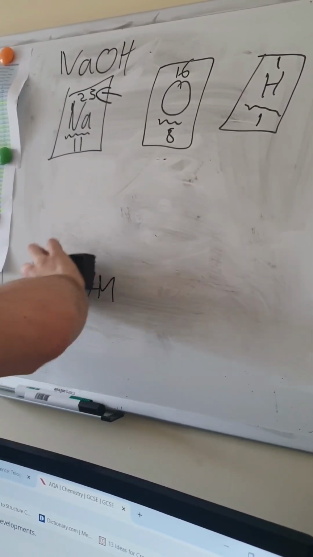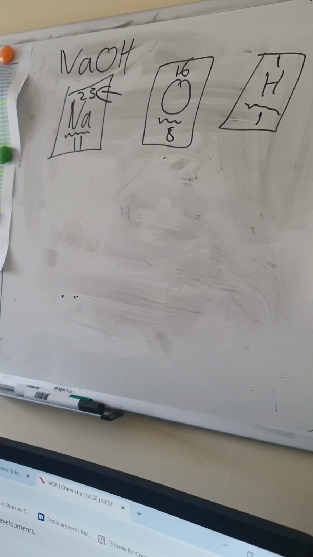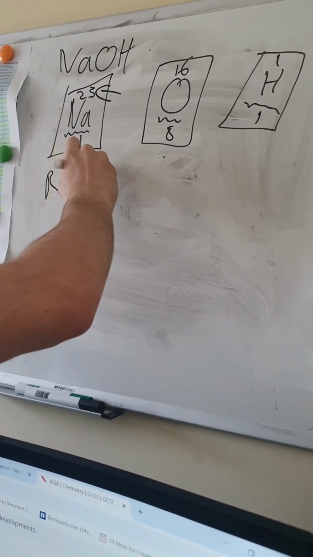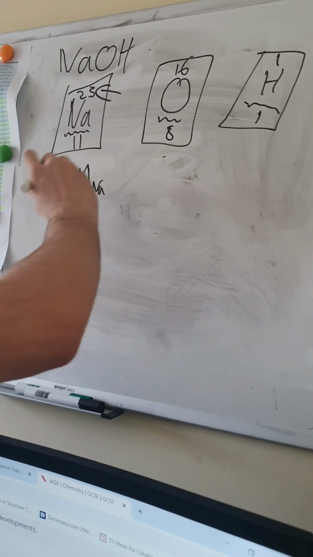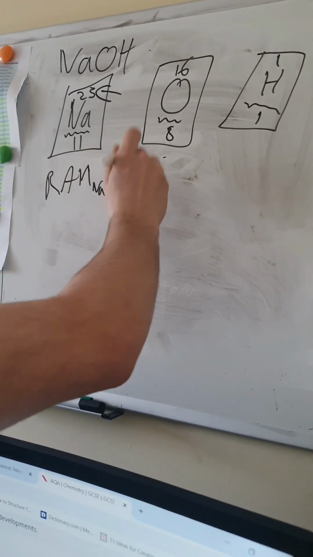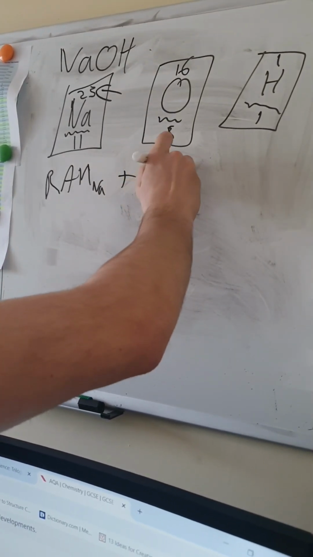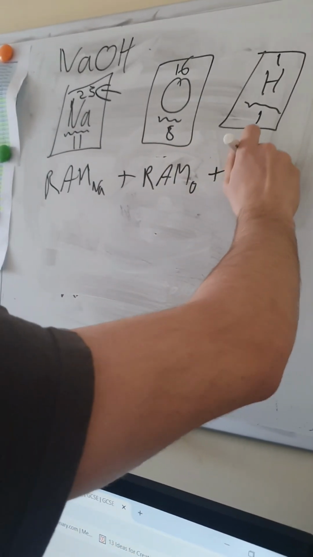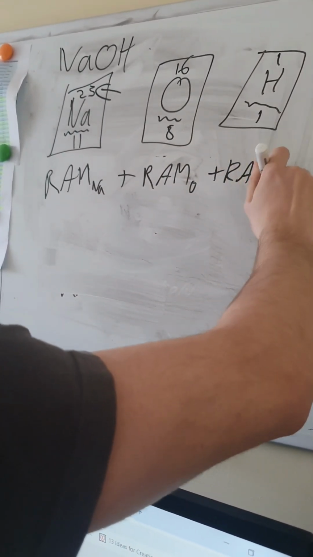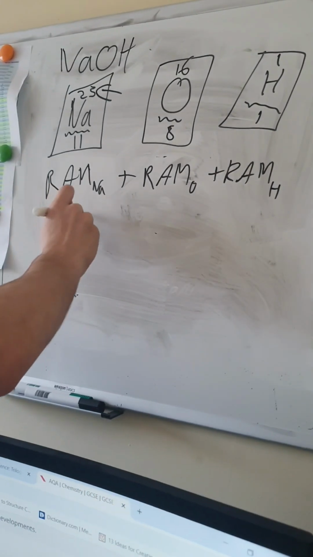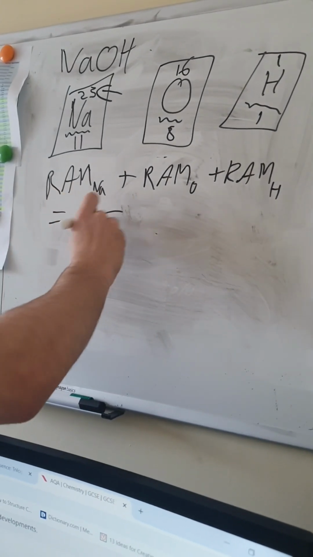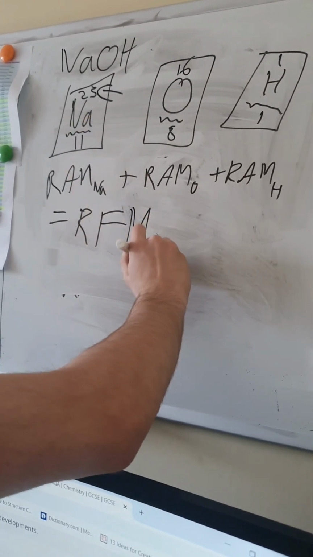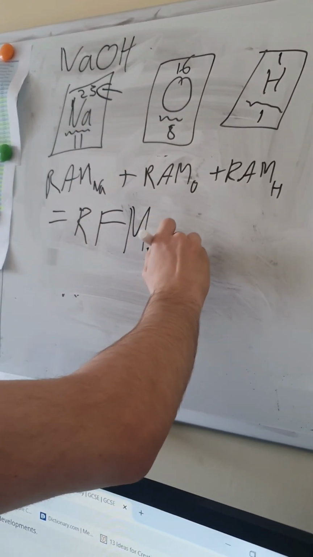Now, you can add relative atomic masses together. So if we take RAM of sodium, and you add RAM of oxygen, add RAM of hydrogen, we get something called the RFM, the relative formula mass, of sodium hydroxide.